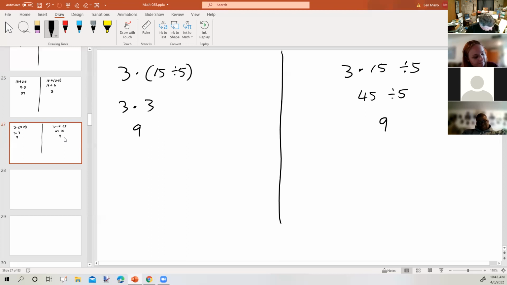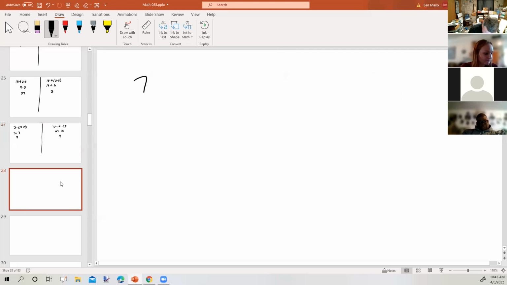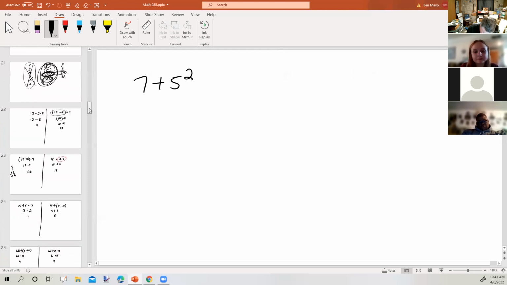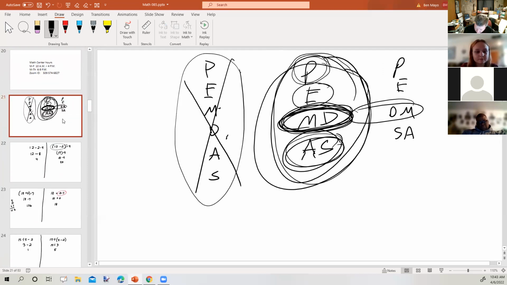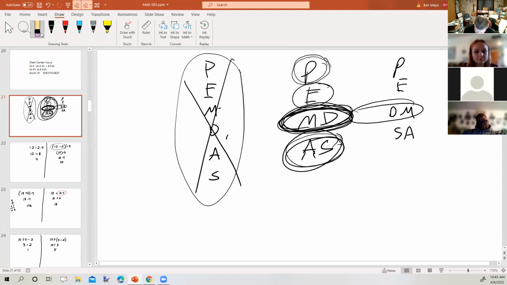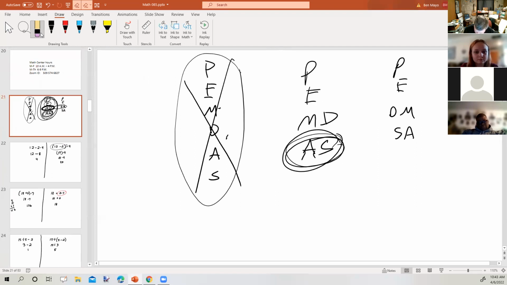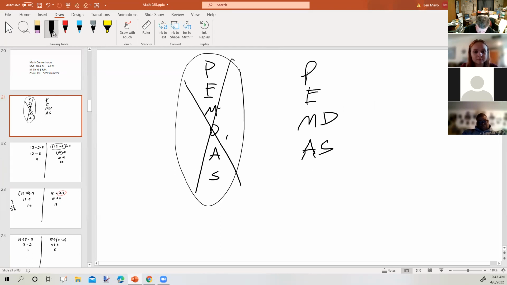All right, let's see here. How about this one? 7 plus 5 squared. So we have addition and an exponent. Well, let's go back up here to our order of operations. What a mess. Maybe I can get rid of all these extra scribbles. There we go. Okay. So we had addition and an exponent. Exponent would come before addition, right?